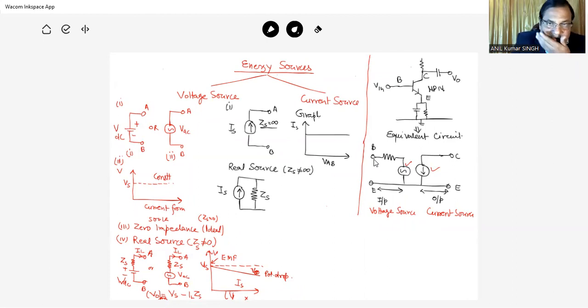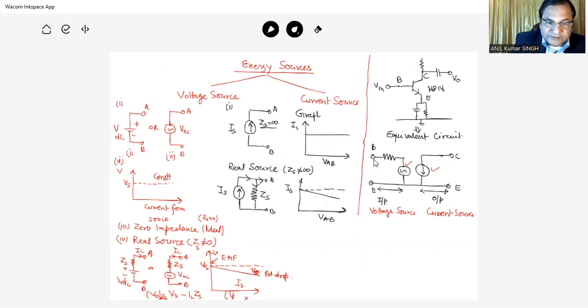There is some finite current, so part of the current is flowing through ZS. Therefore the graph is something like this, with the AB terminal voltage on the x-axis and current on the y-axis. Earlier this was IS, which is constant. This is the real current: by increase of the voltage, there is a decrease in the current.